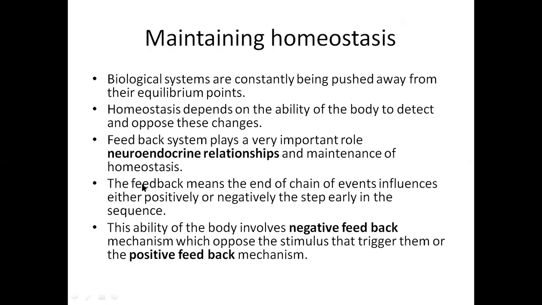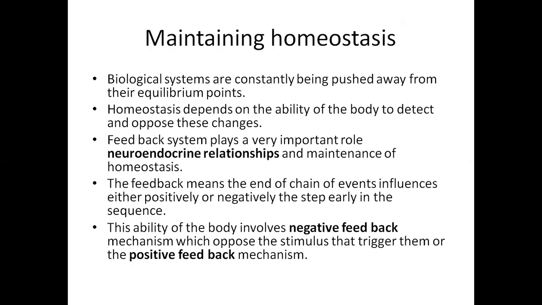Now let us see what this feedback system is. A feedback system is a chain of events where the end step influences, either positively or negatively, the earlier step in the chain, and this brings about a particular change.